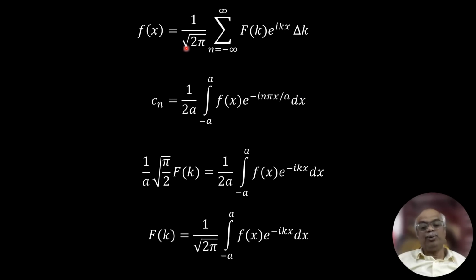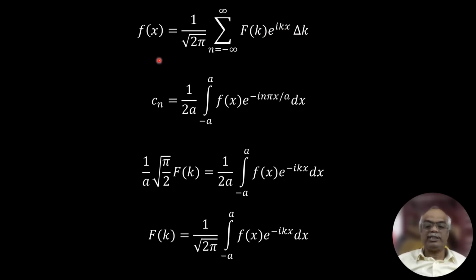So we have proved one part of section C, that is f of x is equal to 1 over square root of 2 pi summation over minus infinite to plus infinite f of k e power i kx delta k.